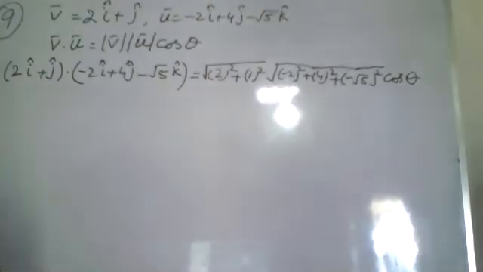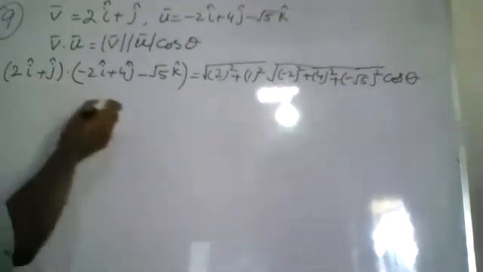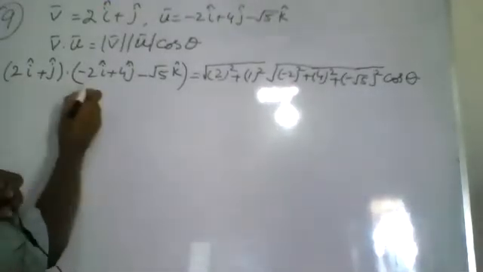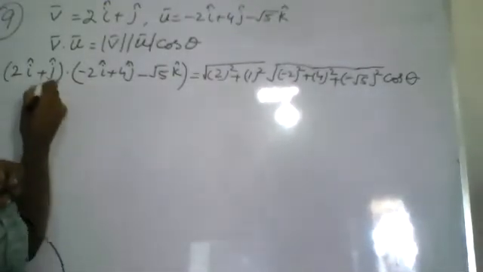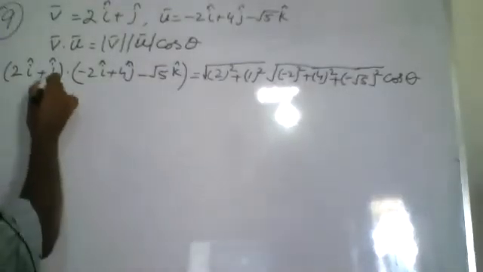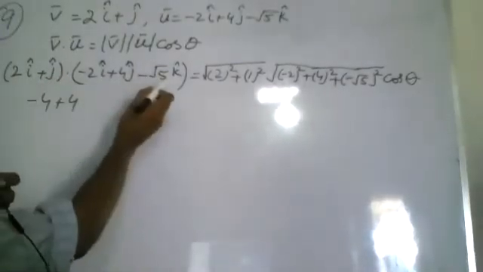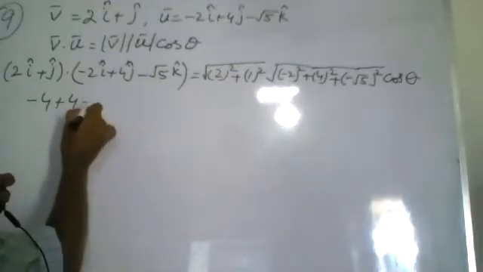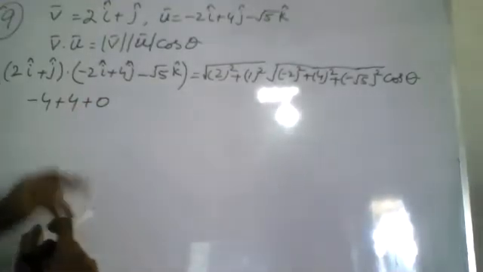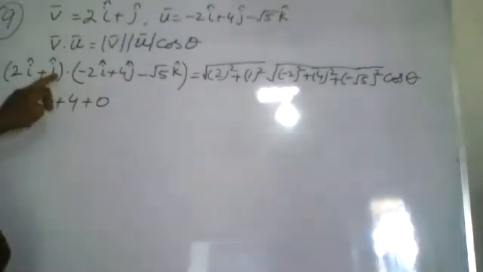This is exercise 12.3. Okay, we'll take the dot product. I is multiplied with I, minus 4. J is multiplied with J, plus 4. And K is 0 over there; 0 multiplied with minus under root 5 will be 0. There is no K, so it means 0.